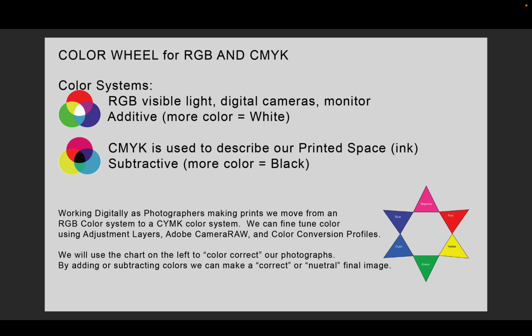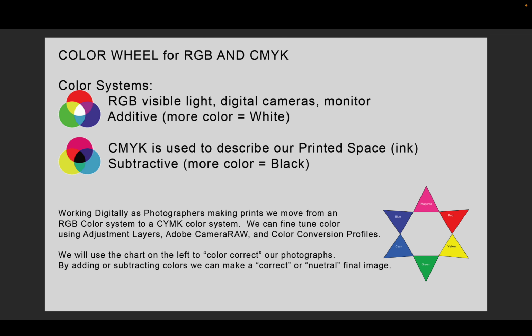And then lastly here, before I get into some examples, we have just a sheet here that talks about the differences between RGB visible light and CMYK. So RGB visible light is basically an additive environment.